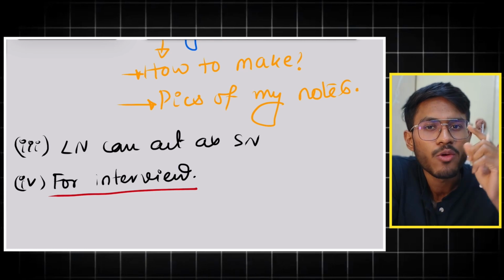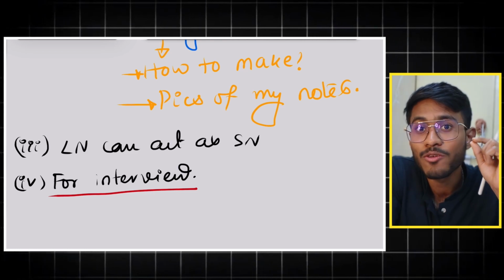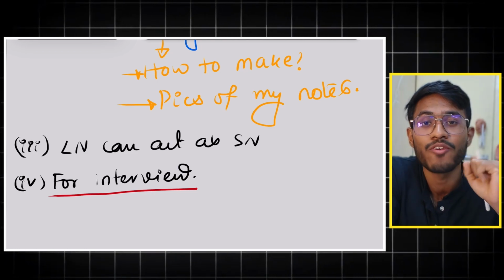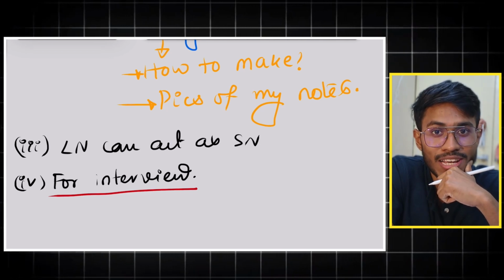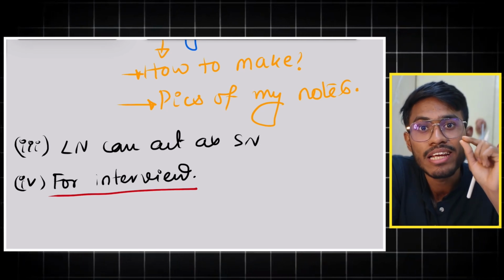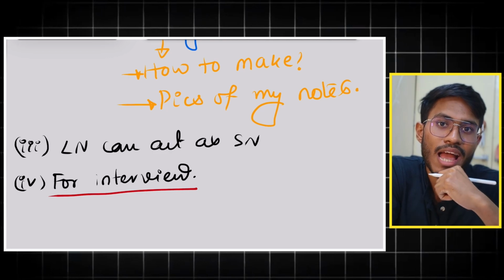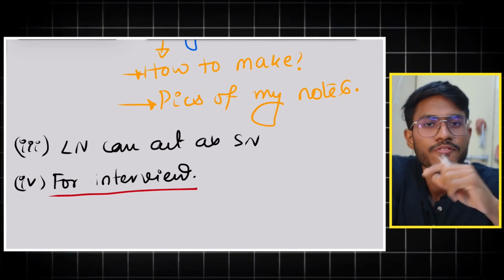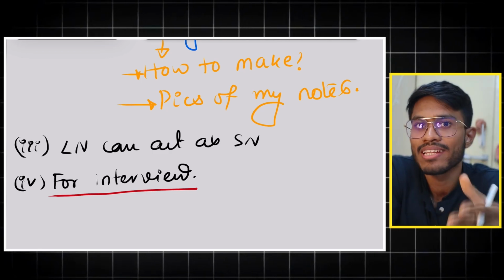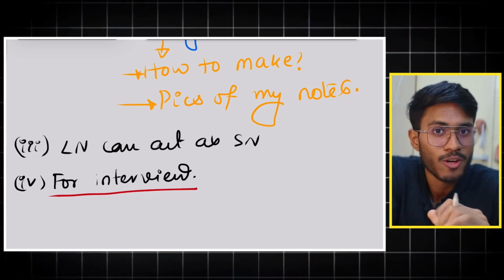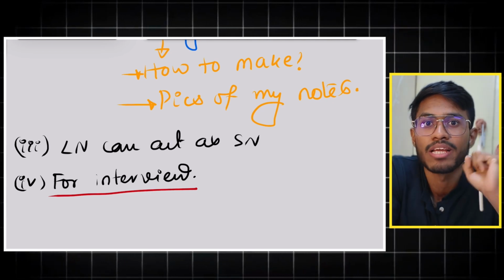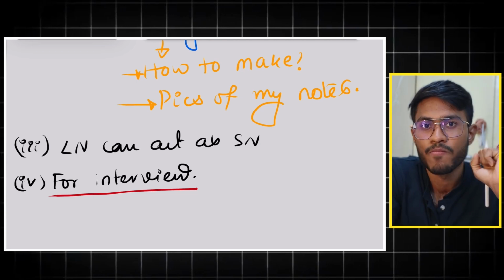The third option is you have your own notes that you have written in your own language. That will help you a lot, because you have written it in your own language, and that is much easier to go through again than any lecture, any book, or any other thing, because you have made it by yourself in your style.